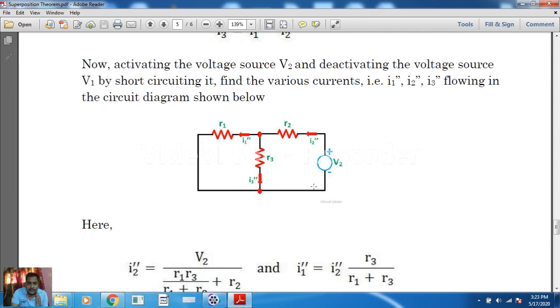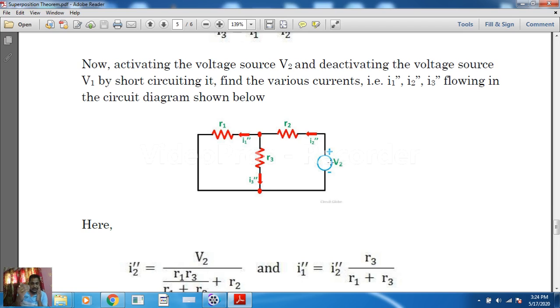Now coming to circuit number 2. Here we are considering that V2 is the source, and now see the current directions. This I2 double bar current direction is right to left, I1 double bar current direction is also from right to left, and the I3 double bar current direction is upward to downward.